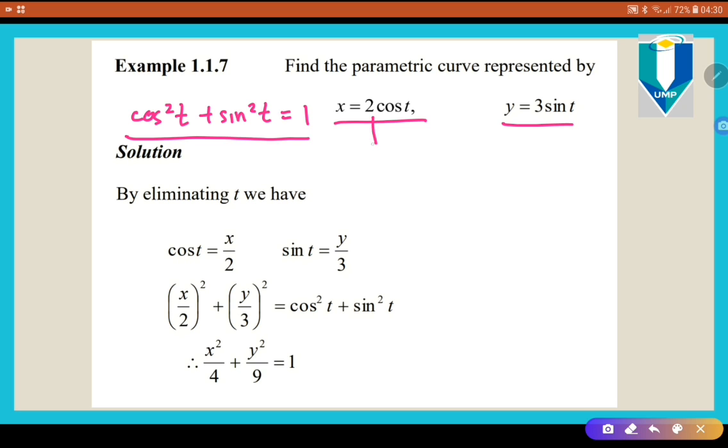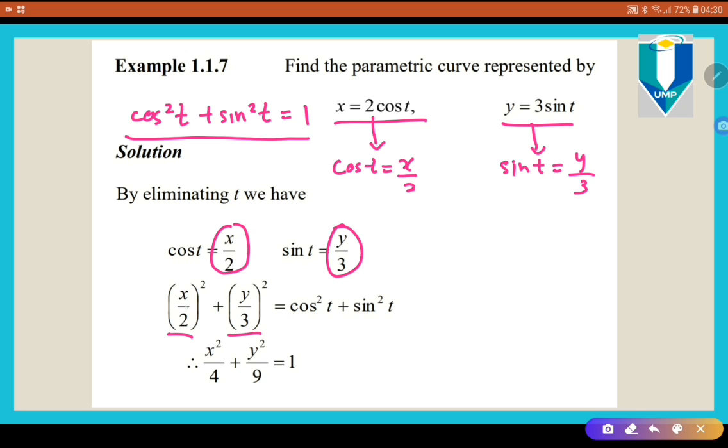From the first equation, we get cos t is equivalent to x over 2. And from the second equation, we get sin t equivalent to y over 3. So when you square both the cos and the sine, you square x over 2, this is cos squared t. And you square this one, sine squared t, you get this.